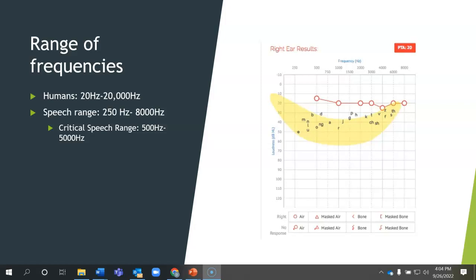The speech range, which is characterized by this speech banana here, is 250 hertz to 8,000 hertz. Still a pretty broad range of frequencies, but these frequencies are the area where most of the speech sounds fall. And then finally we have the critical speech range, which is an even smaller range of frequencies, and that's in here where the majority of frequencies lie.